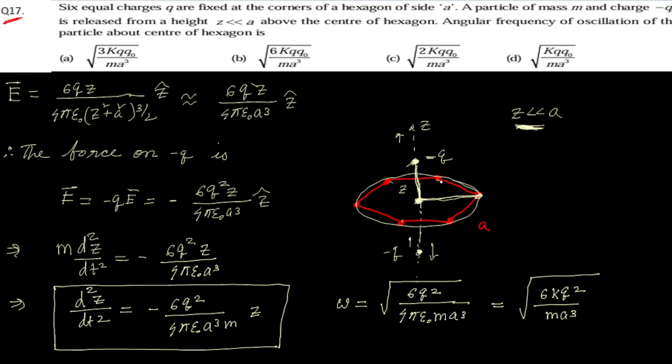The charge placed at the vertices is q, but this charge is written as minus q naught, so it will be q into q naught everywhere; you can change it in each of these places. So the correct option will be option B.